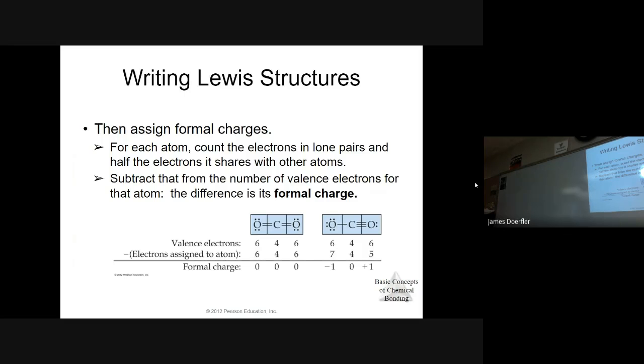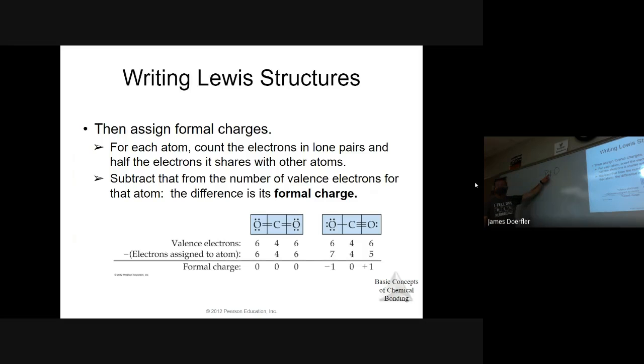So, for example, this is just an imaginary one. If I had phosphorus and oxygen bonded with a single line, again, a single line represents how many electrons? 2. So, when assigning formal charges, I half them.